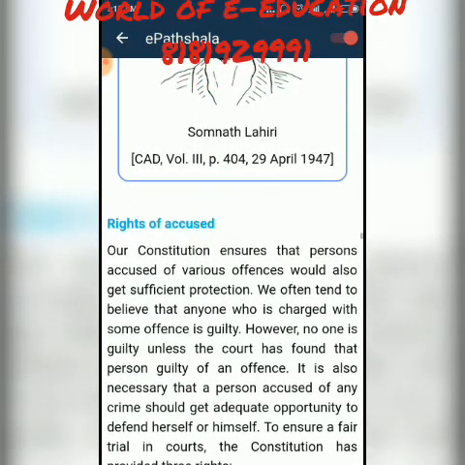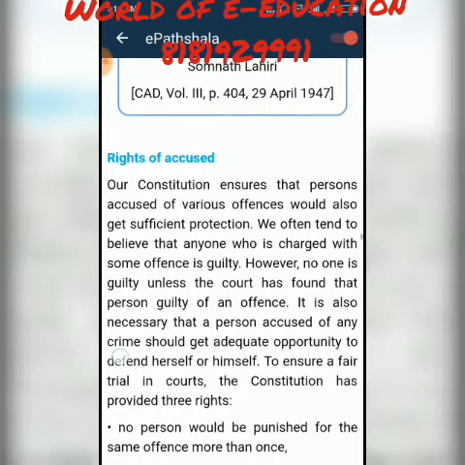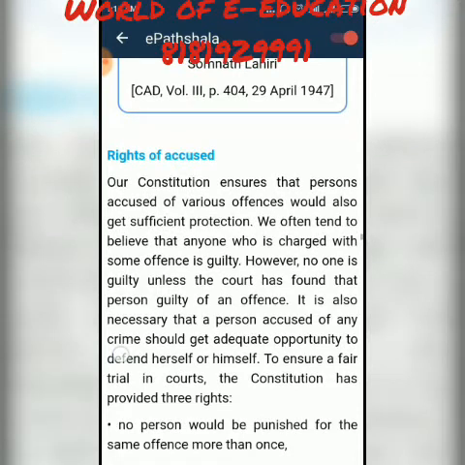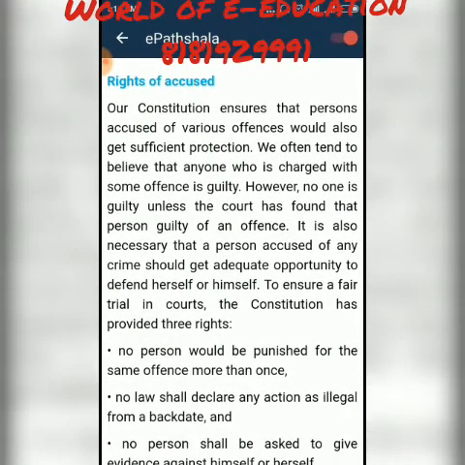Rights of accused. Our Constitution ensures that persons accused of various offences would also get sufficient protection. We often tend to believe that anyone who is charged with some offense is guilty. However, no one is guilty unless the court has found that person guilty of an offense. It is also necessary that a person accused of any crime should get adequate opportunity to defend herself or himself.